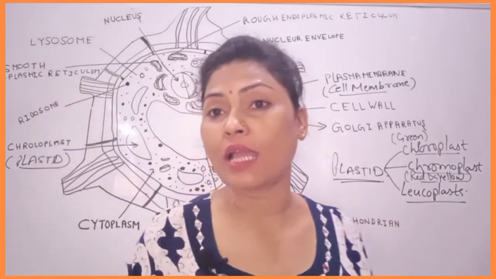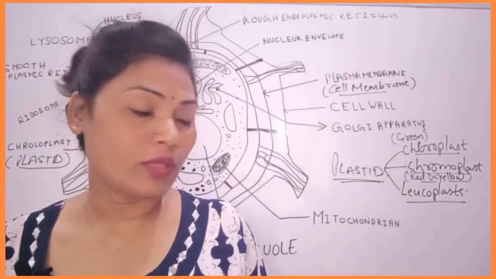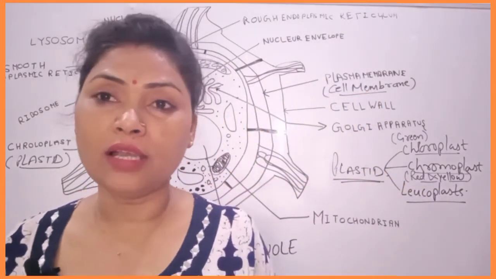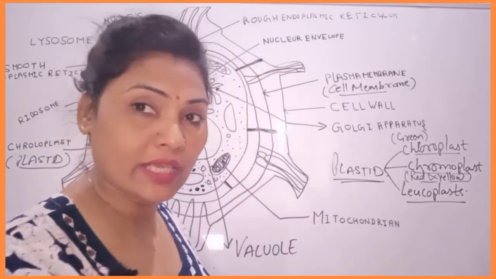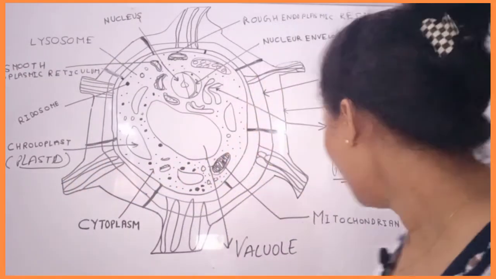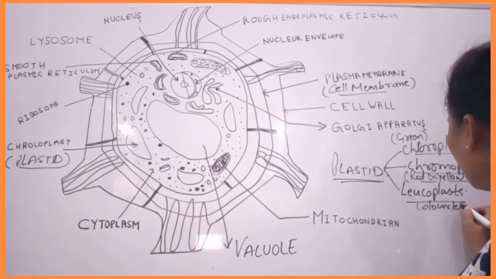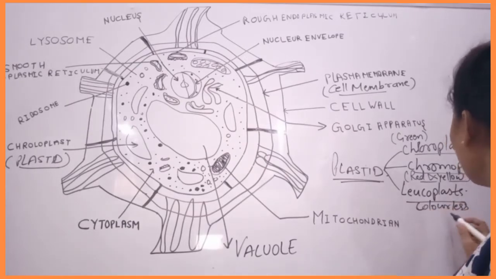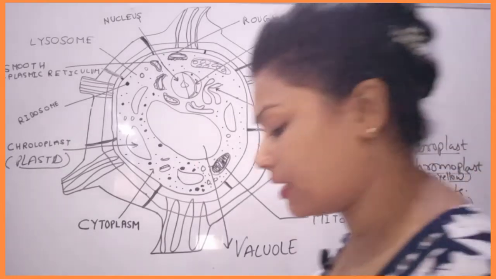It is a colorless plastid, present in the roots, and it helps in the storage of food like proteins, lipids and starch. So these are the three types of plastids.